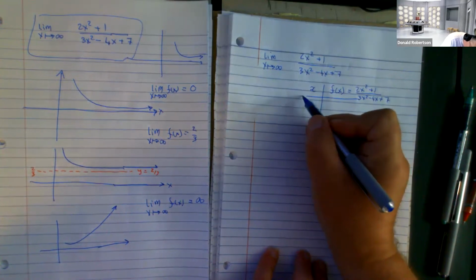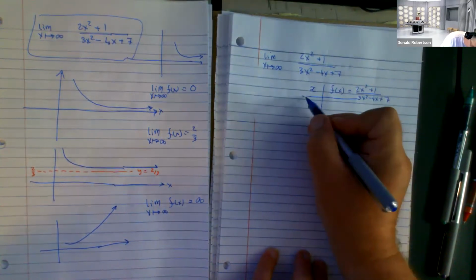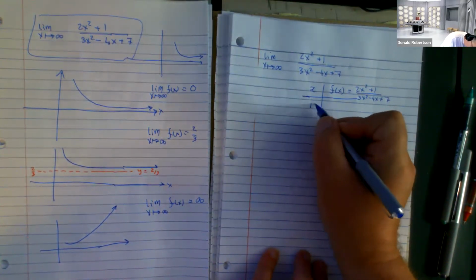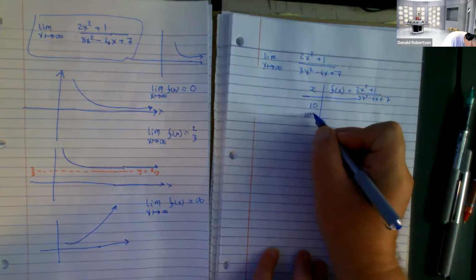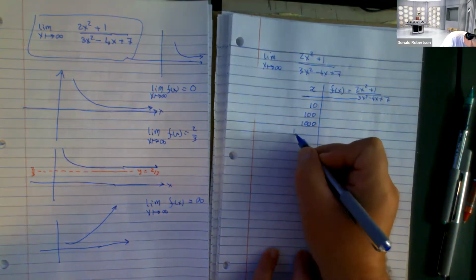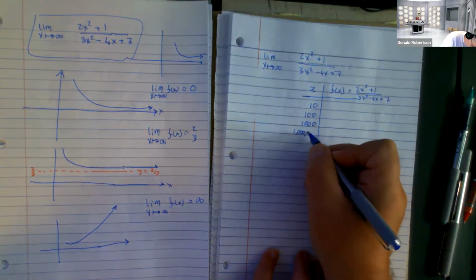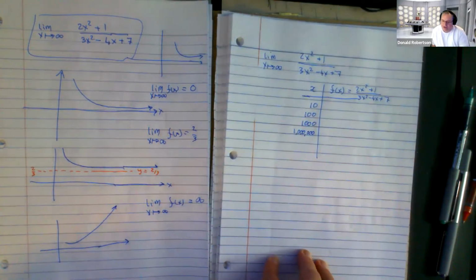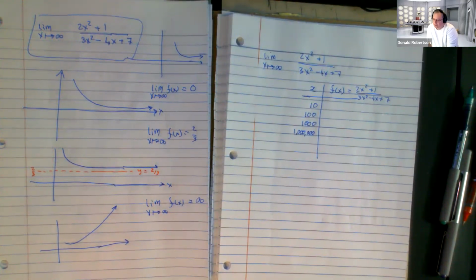So I'm interested in x tends to infinity. So I could do x is 10, x is 100, x is 1,000, and then x is say 1,000,000. Would you agree those would be nice little test points on the road to infinity, right?